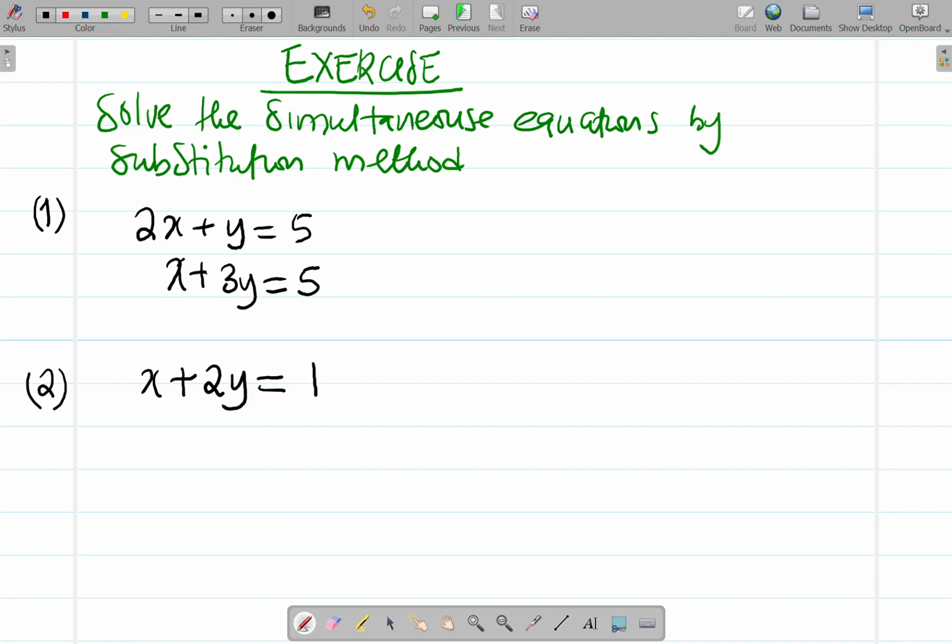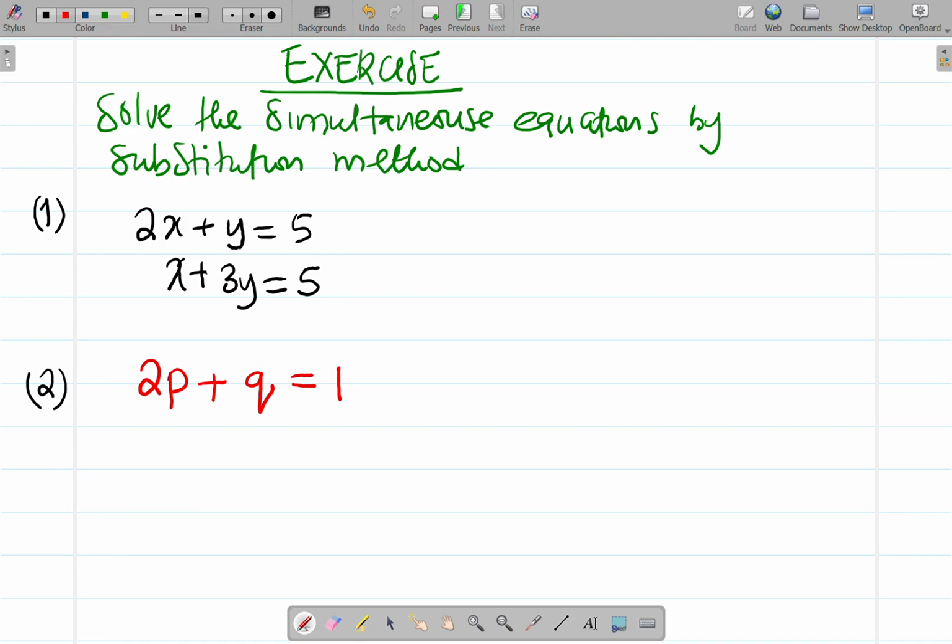Okay, let's use some different variables. So I'll simply say, try this one: 2p plus q is equal to 1.